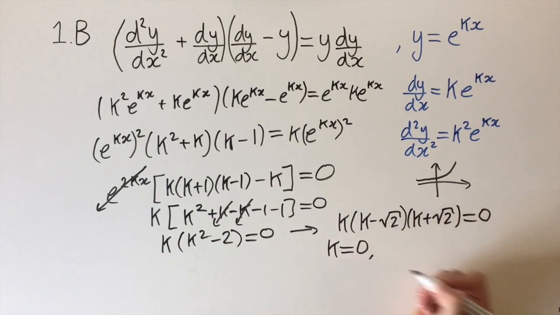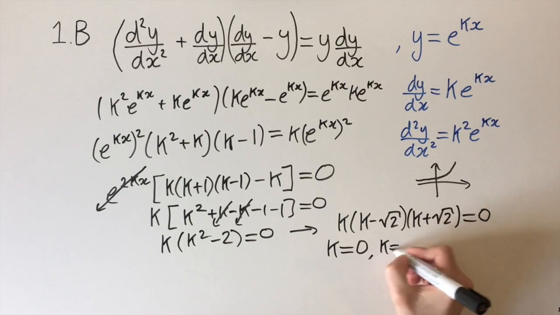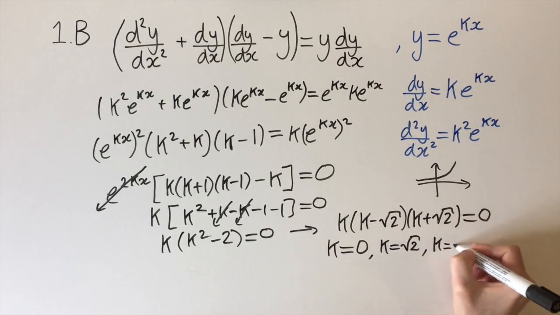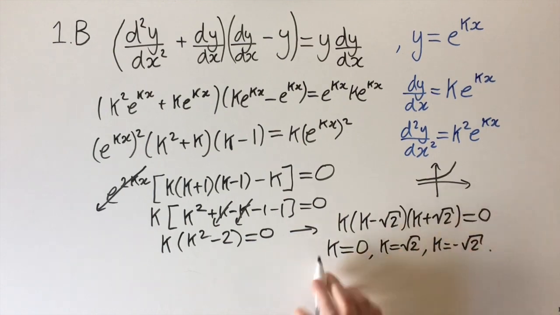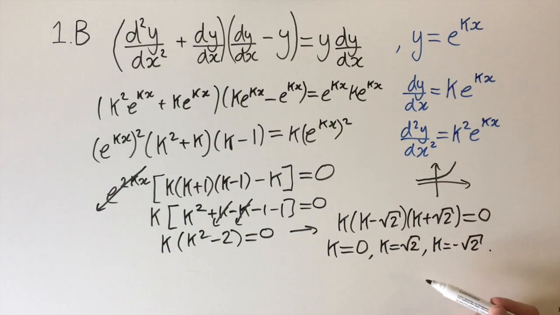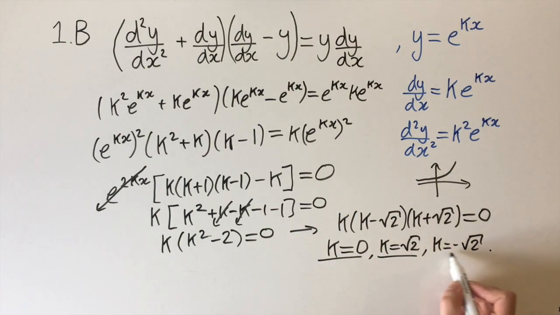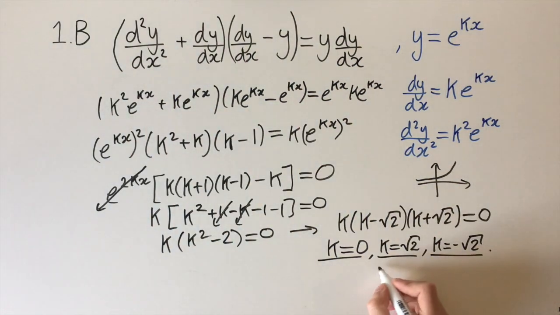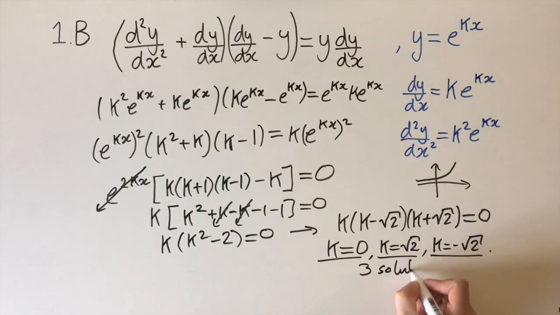The solutions are k equals 0, k equals plus the square root of 2, and k equals minus the square root of 2. These are the three solutions, the values such that this equation holds. So to answer the final question, there are three solutions. That's the answer.